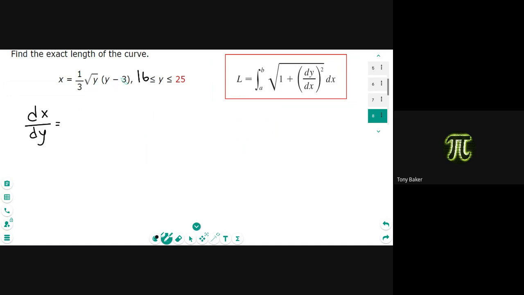So this one, it doesn't make much difference how you do it, but I think distributing is going to be a little easier. So I can pull out the 1/3. Actually, let me rewrite this first. So I have y to the 3/2 minus 3y to the 1/2.